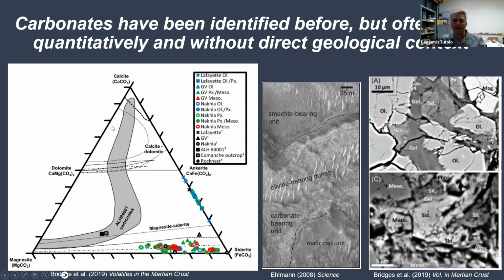So on the left-hand side is a compilation of all of the carbonates that have been seen in Martian rocks to date, and there's lots of examples. And the one thing that you will take away from this as we go on is that most of these carbonates are fairly rich in magnesium, so going towards the magnesite projection on the ternary, and fairly rich in calcium, going towards the calcite projection on the ternary. Very few of them are pure iron carbonate.